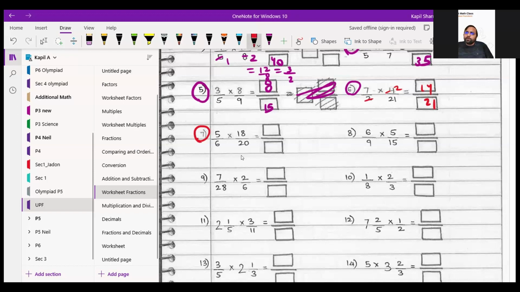Then, let's do 11th and 14th. Yes, seventh one. Swastik, 5 upon 6 times 18 upon 20.